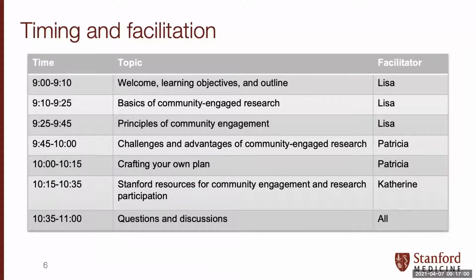So you can see here on the slide the different sections and who will be facilitating. We don't have a break built in just because we're trying to pack in so much, but of course, feel free to take a break when you need it. And we hope to end with ample amount of time for question and discussion so that we can try and address all the different levels of experience with engagement.